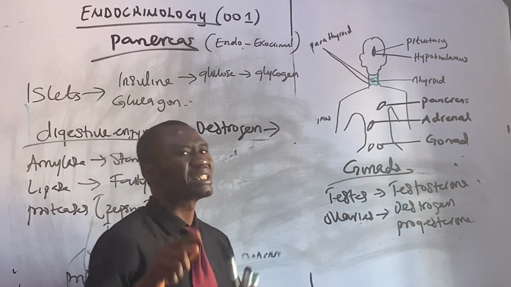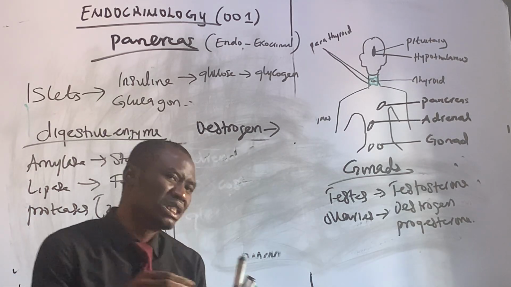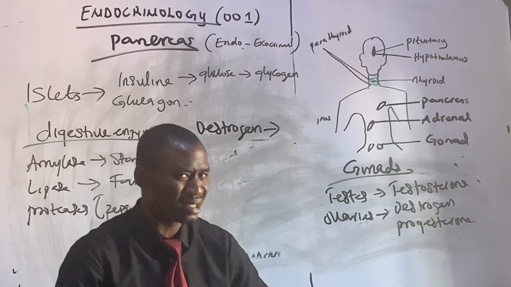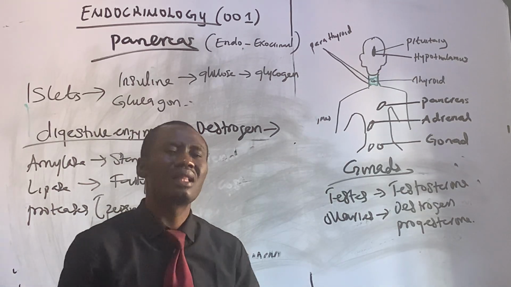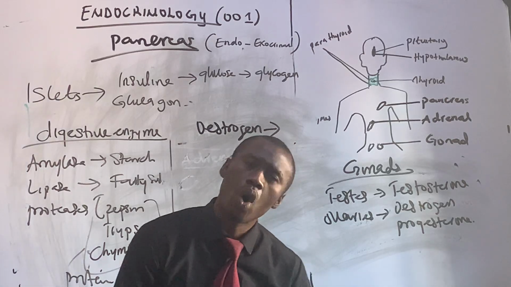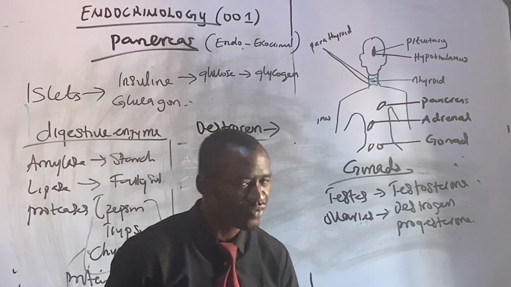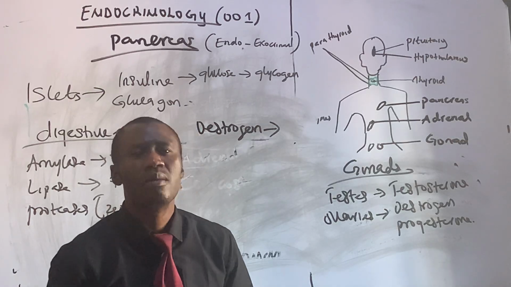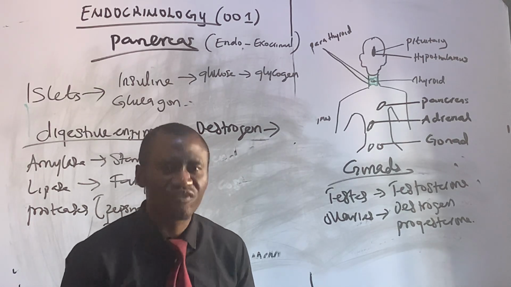But if there is implantation, the progesterone will help with the implantation because it's known as the pregnancy hormone. And the progesterone also helps in the formation of the placenta in the uterus of the mother for the fetus.